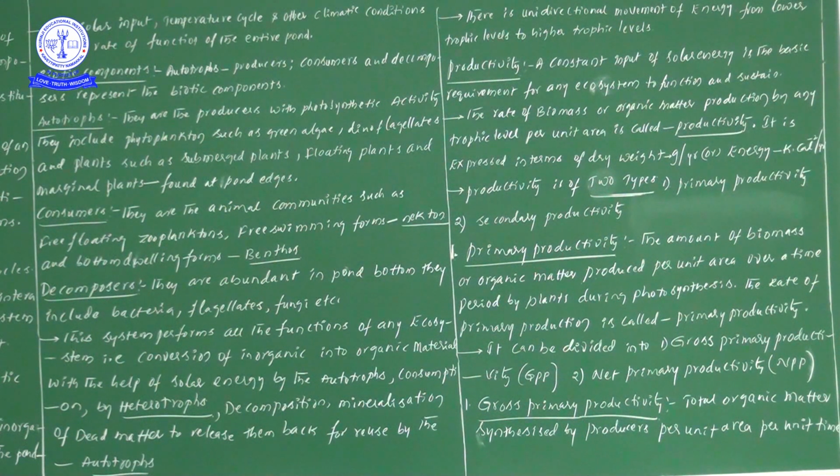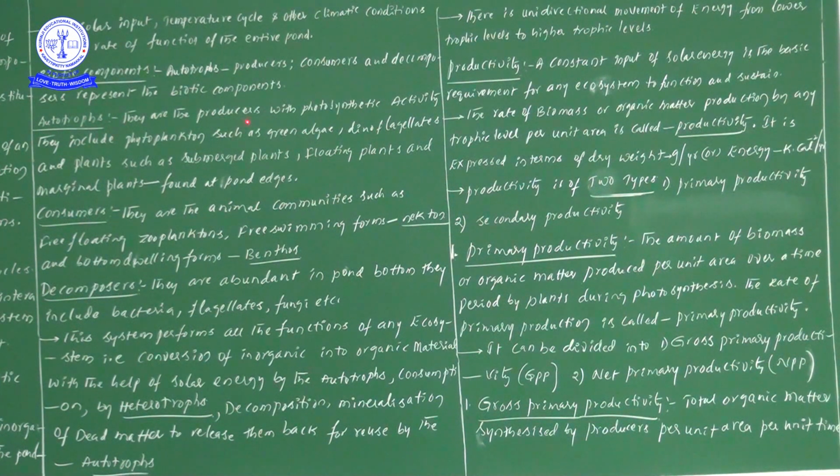Now, the first one is autotrophs. Autotrophs are the producers, as we know very well. These producers carry out photosynthesis, and they are present at the bottom of the pyramid, not the bottom of the pond. If you take a pyramid, producers are at its bottom.